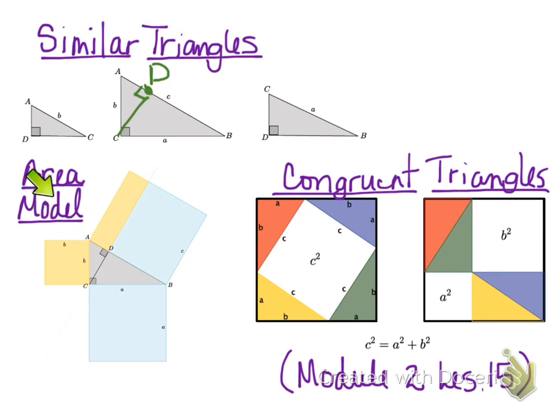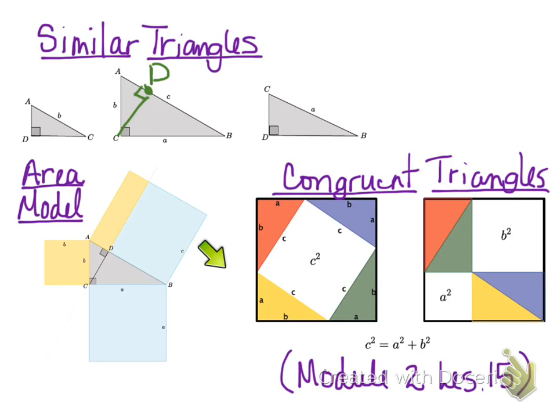So that was another proof using area, very similar to this proof, and it used some of the results. There is an additional video in the playlist that we've watched a couple times in class, and you can watch it again. It's a silent video, but it's very visual and walks you through it again.